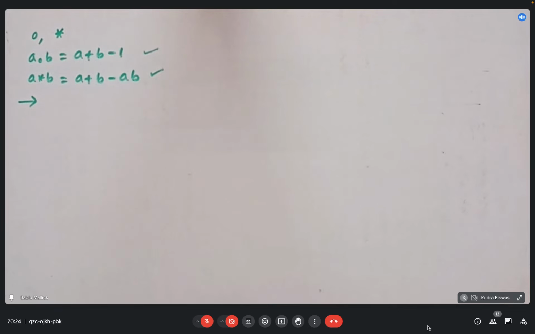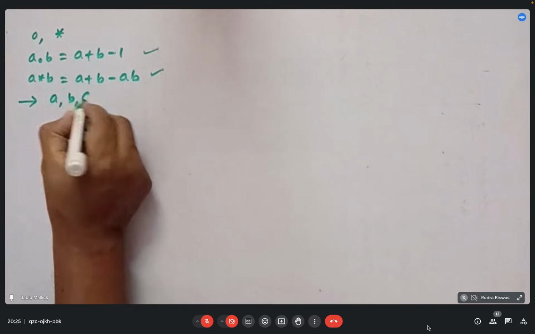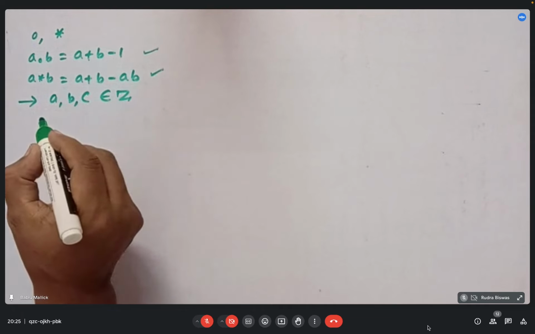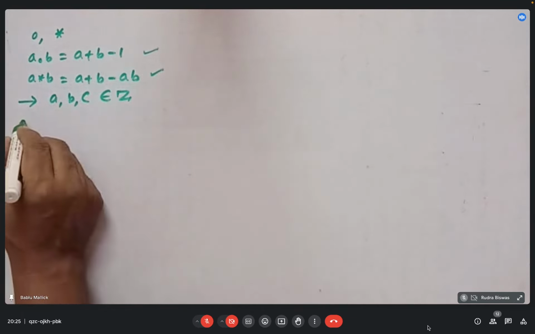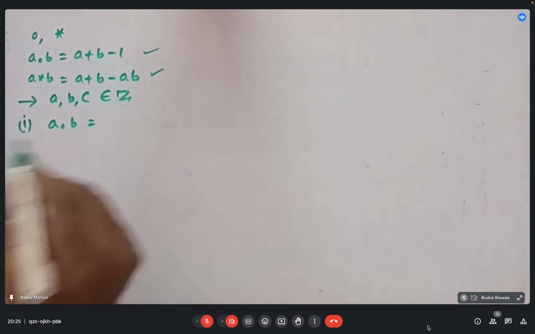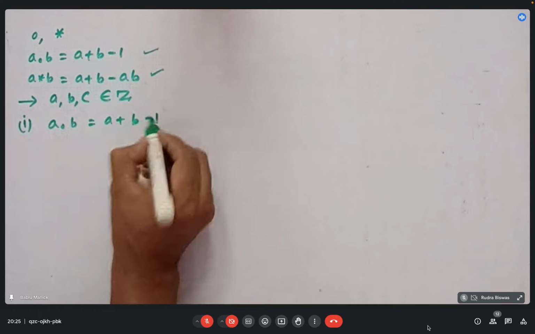Let Z be the set of all integers, and A, B and C be any three elements of Z. Number 1: A O B is equal to A plus B minus 1.